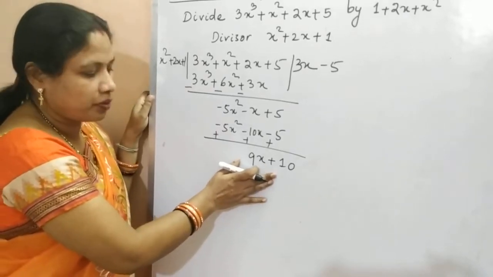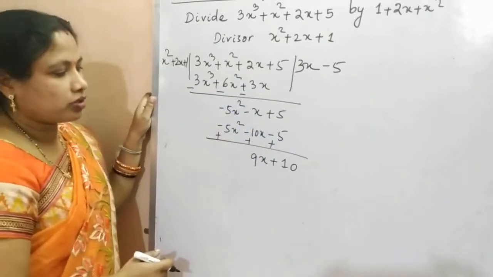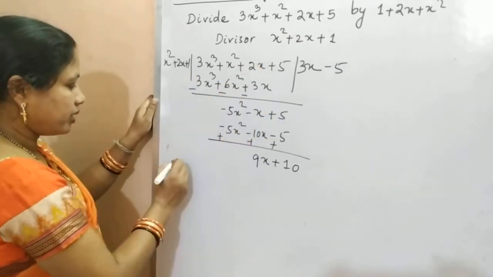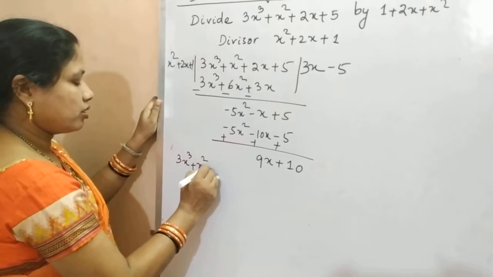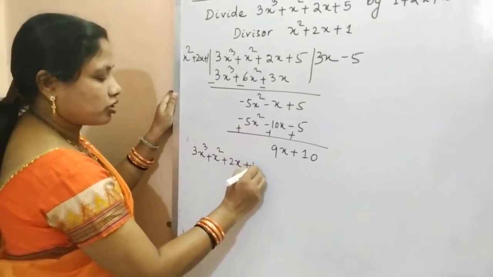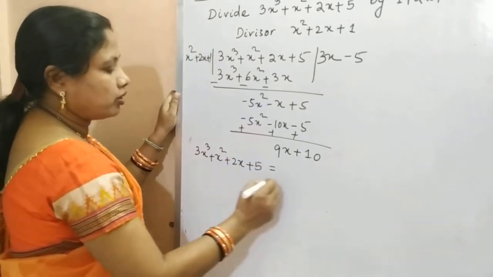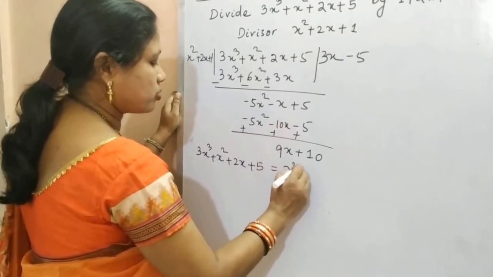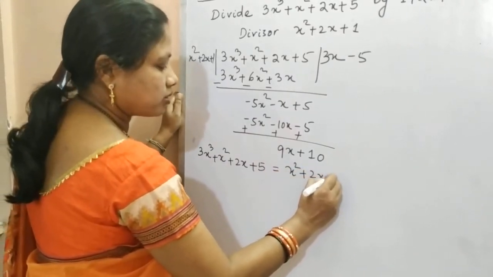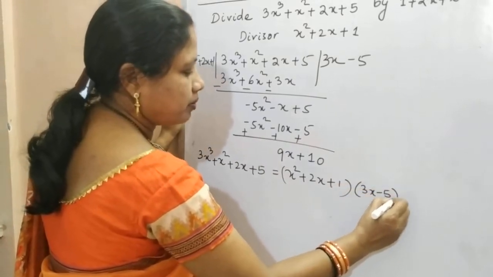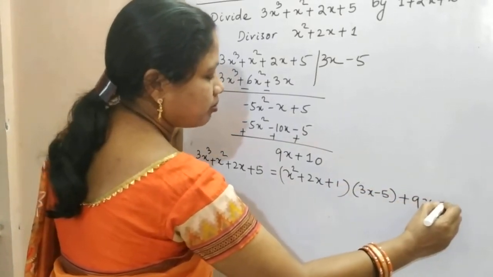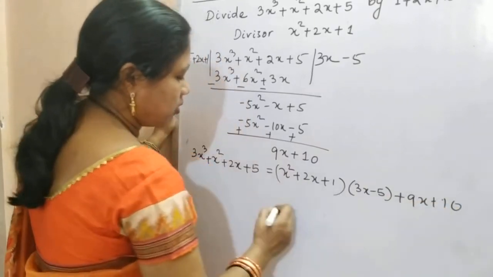So we have to stop here in our division process. So now this is the dividend, 3x cube plus x square plus 2x plus 5. It should be equal to divisor x square plus 2x plus 1 multiplied with 3x minus 5 plus 9x plus 10.